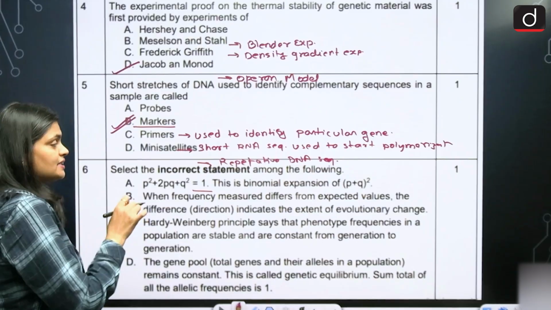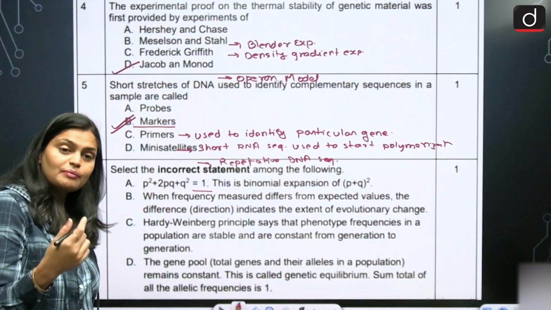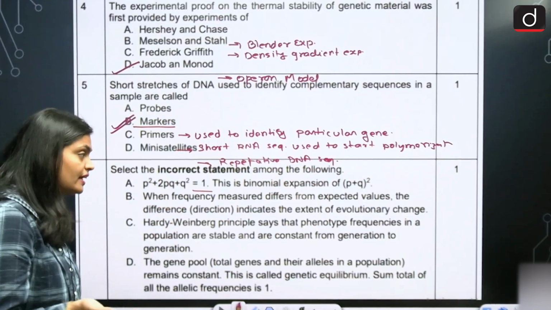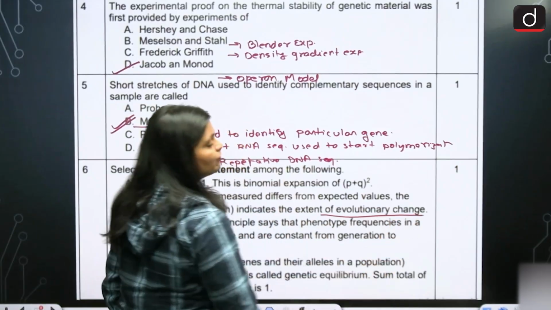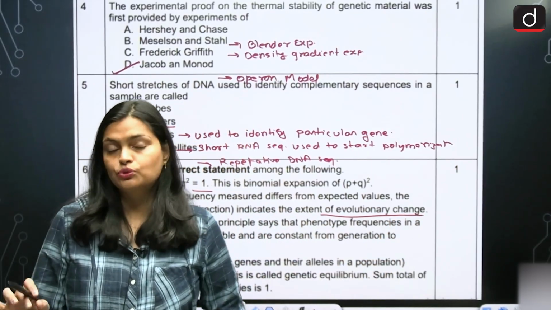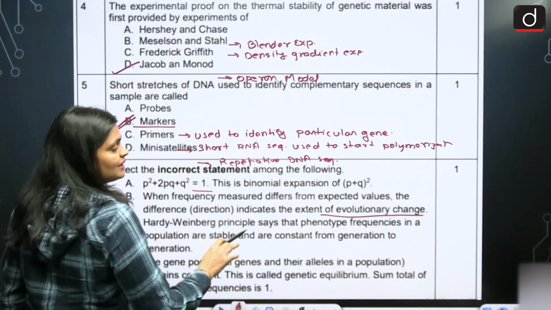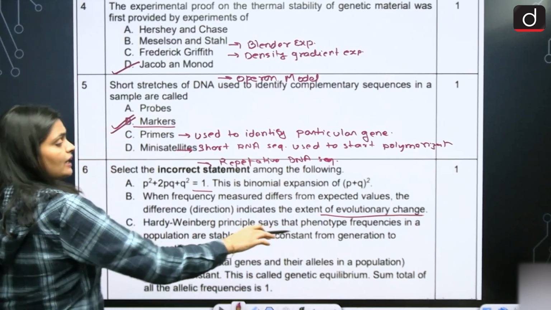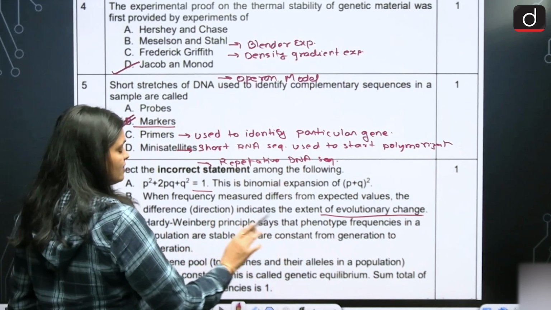So the frequency measured, expected value से 1 से अगर हमारी frequency change हो रही है, right? So that indicates the extent of evolutionary change. So that means if you have any change, मतलब कुछ तो evolutionary change हुआ है. ये भी correct है.